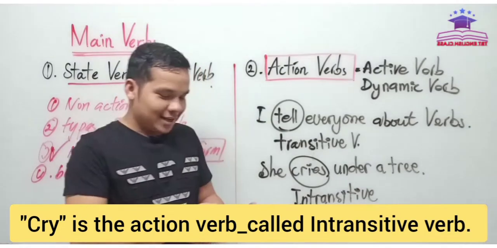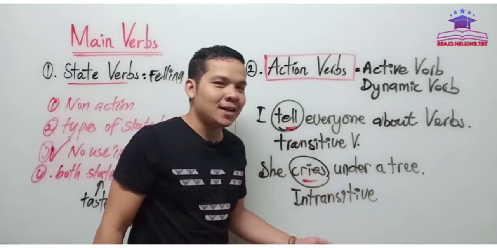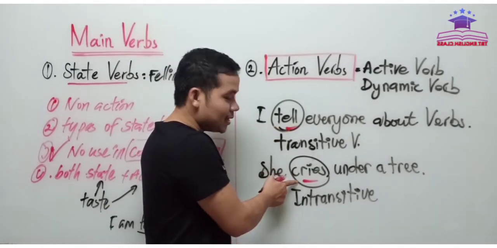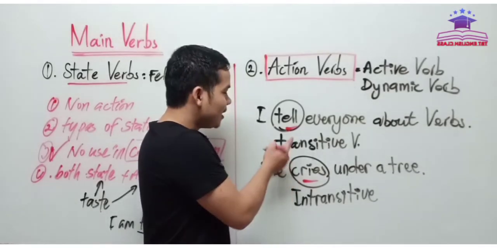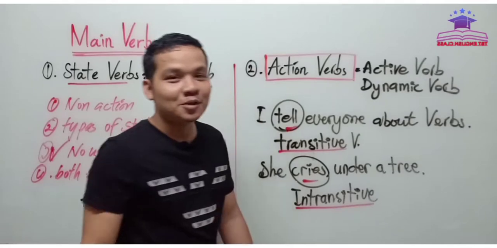Yes, you can see the verb tell and the verb cries, but the way that we call them in English is not the same. The verb tell, of course, is an action verb. The verb cries is also an action verb, but this one we call transitive verb and this one we call intransitive verb.